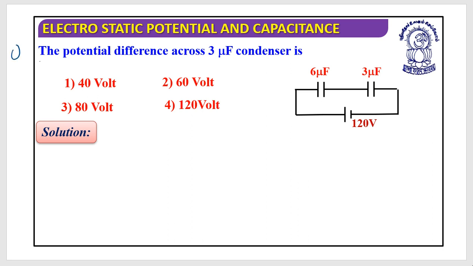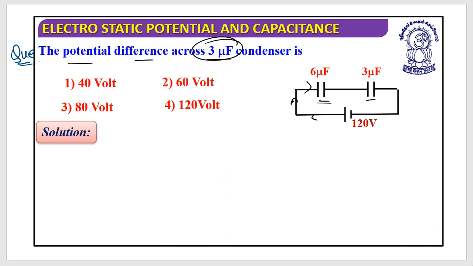What they ask is that you need to find out the potential difference across the 3 microfarad capacitor. How can you do this? Before we go to the potential of the 3 microfarad capacitor, let's first find the C equivalent.